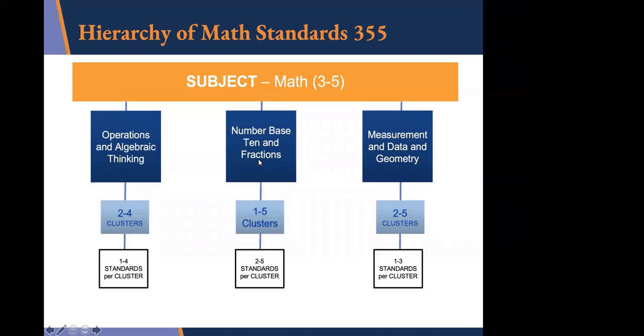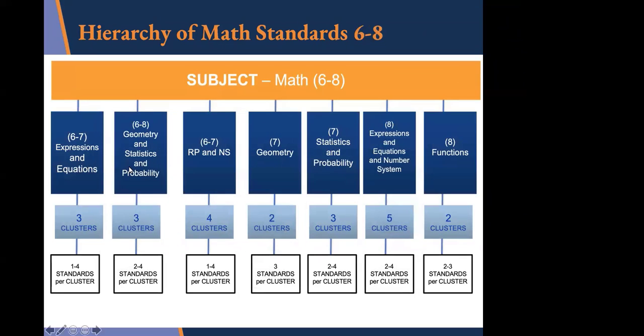Numbers in base 10 and fractions are separate. I'm sorry, this was an old slide, I guess. Measurement and data and geometry is together for 3 through 5. For 6 through 8, it's got the domain on the top. 6, 7, and 8 all have different domains in different orders. They each have a bunch of clusters underneath them and some standards underneath that.